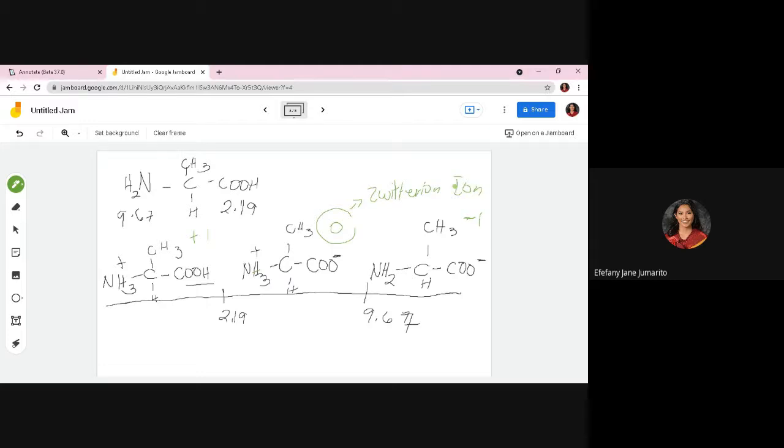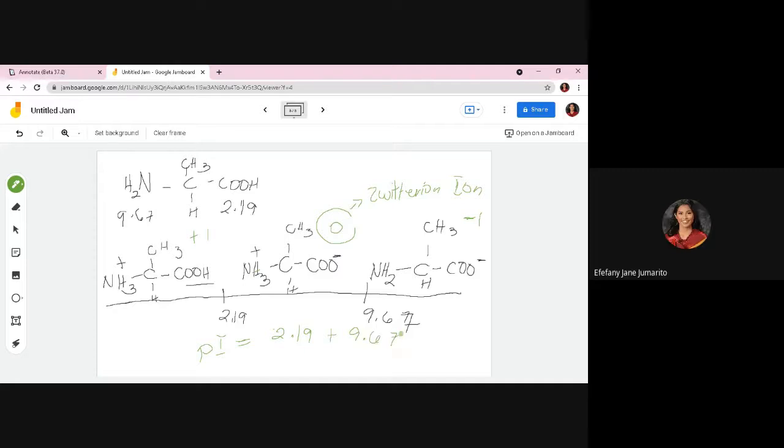Okay, so that's it. Now, what will be the pI, the isoelectric point? The isoelectric point is the average point wherein you can find the structure which is in zwitterion. So it's in between 2.19 and 9.67.